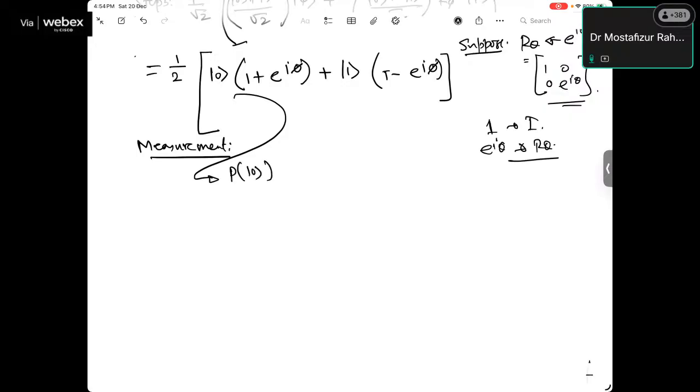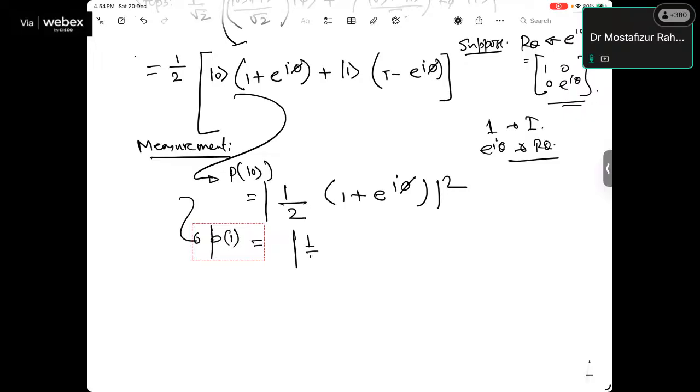The probability of getting 0 will be equal to 1 half of 1 plus e to the power i phi, squared, and the probability of getting qubit 1 will become half of 1 minus e to the power i phi, squared, right?